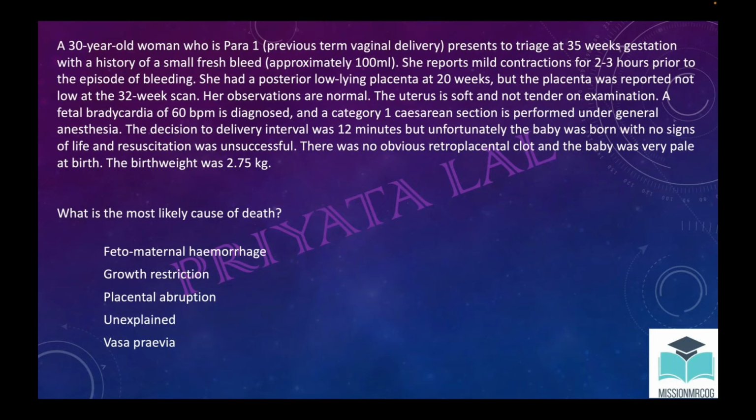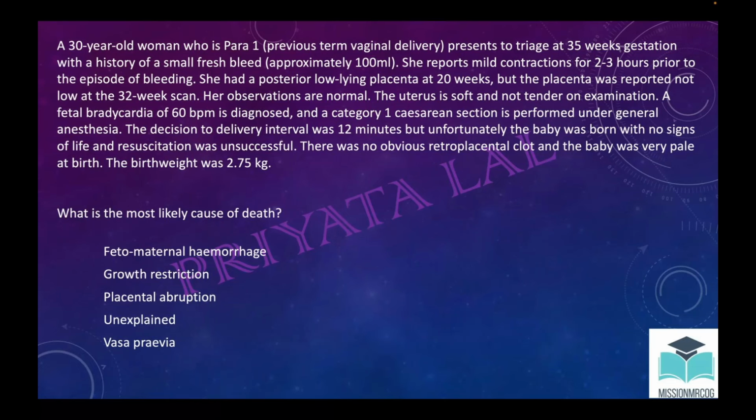Okay, a 30-year-old woman presents at 32 weeks with a history of fresh bleed. She's having contractions. Posterior low lying placenta at 20 weeks presented; placenta is not low lying now. Observations are normal. Uterus is soft and non tender. Fetal bradycardia of 60 beats per minute is diagnosed.